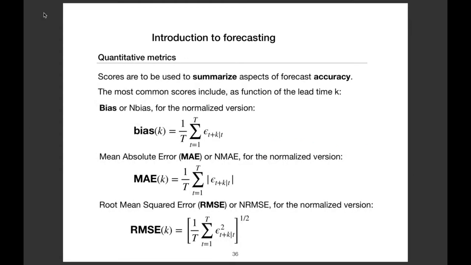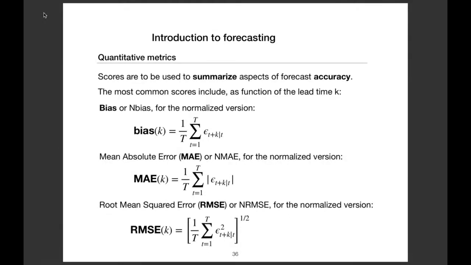And then you can compute scores that are used to summarize aspects of the forecast accuracy. There are a lot of quantitative metrics, but the most common scores are the bias. The bias is, in fact, the average over all the forecasting periods of the forecasting error. You just make the average. You can compute the mean absolute error, or the normalized mean absolute error for the normalized versions.